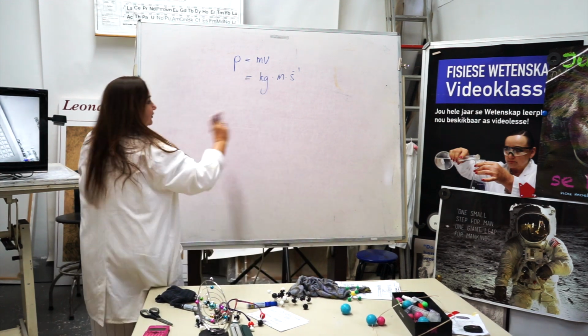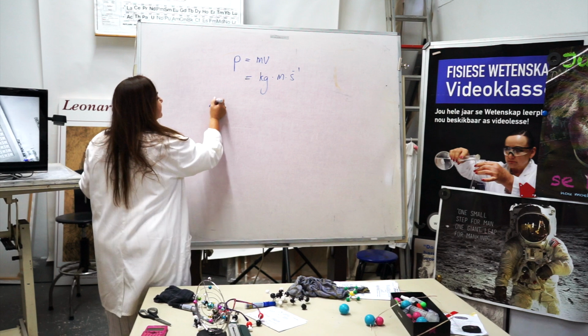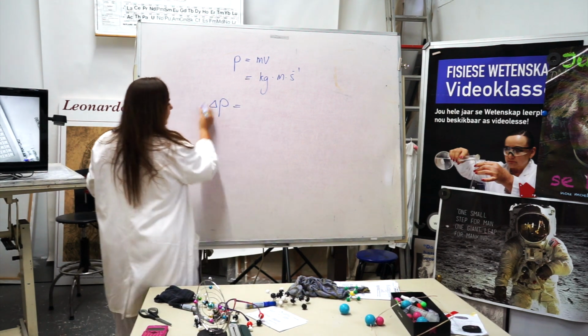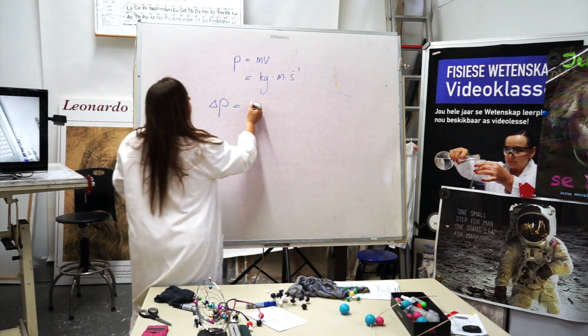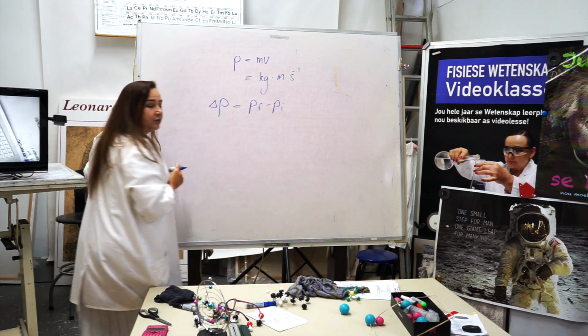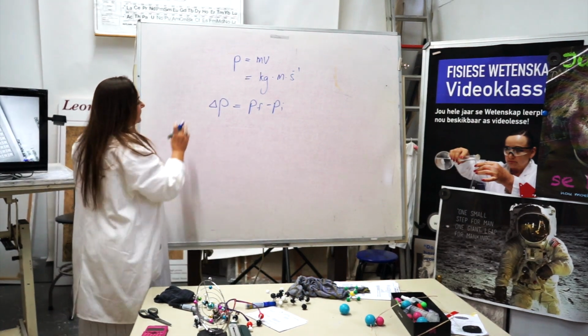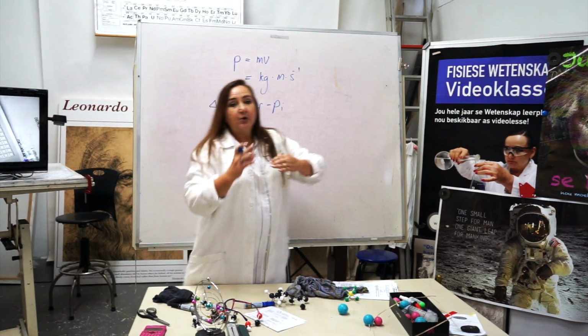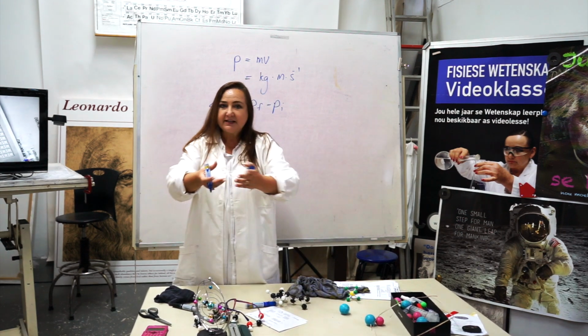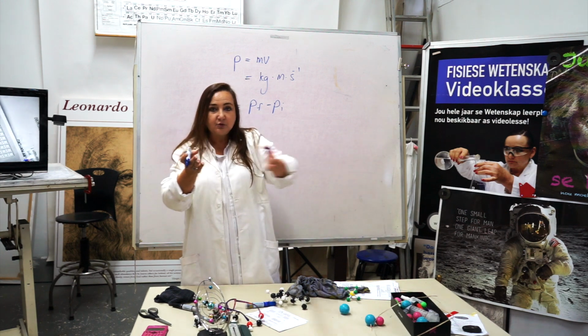So, if we look at change in momentum, we're going to use the formula: Δp, change in momentum, equals your final momentum minus your initial momentum. That is how you determine the change in momentum of that tennis ball getting served to you, moving towards you.